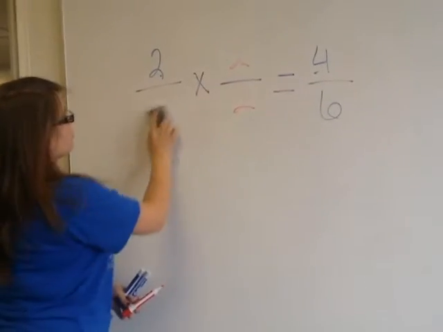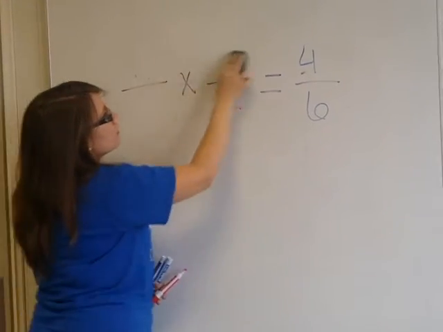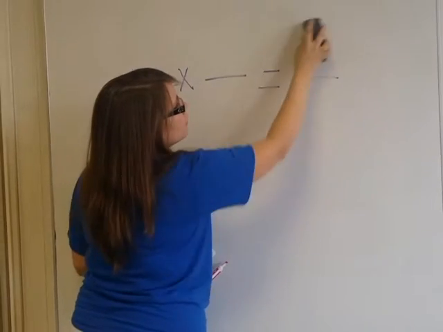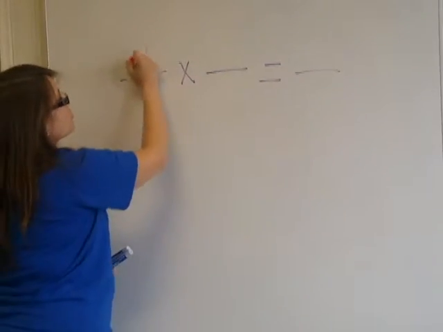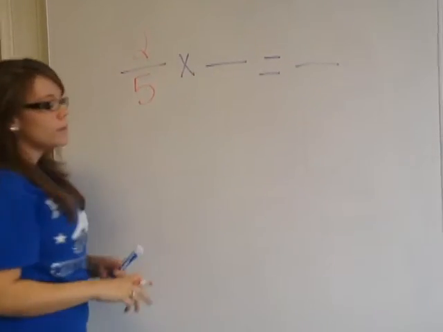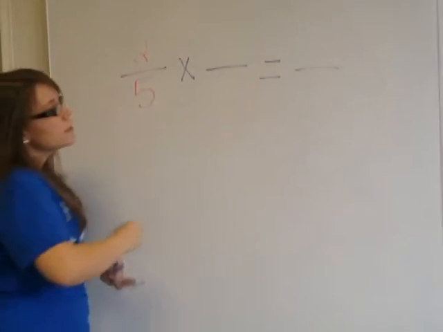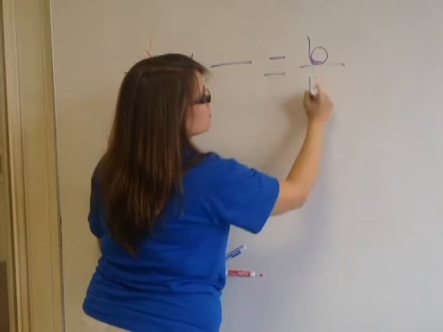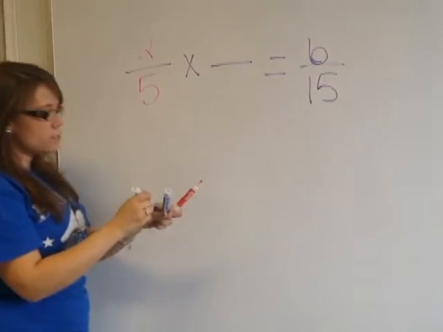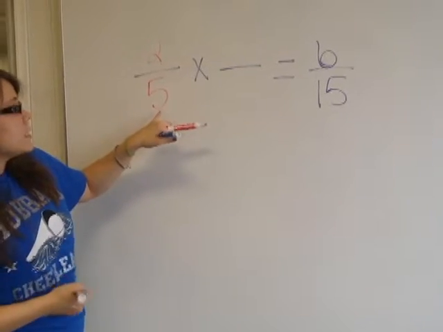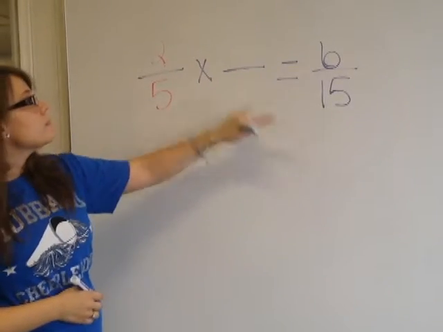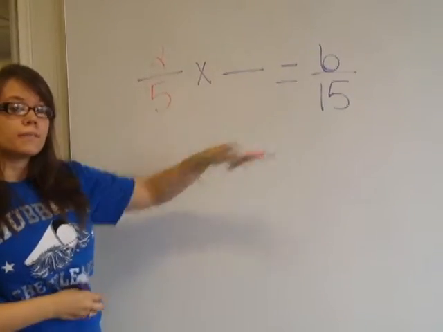One last example. If we take 2/5 and we want to check and see if that's equal to 6/15, we have to see what number it's going to take to get from 5 to 15 and 2 to 6.